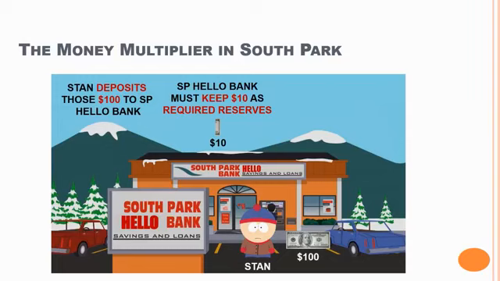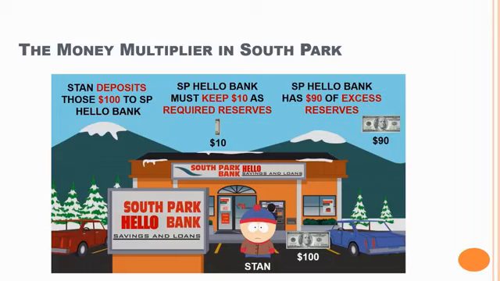But let's just assume it's 10%, so commercial banks have to keep at least 10% of any demand deposit. Which means that in our case, Stan has deposited $100, so the South Park Hello Bank must keep at least $10 as required reserves. And the remaining $90 will be part of what we call excess reserve.